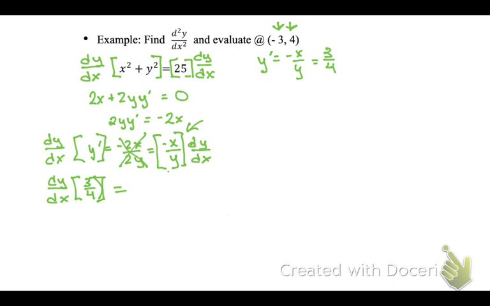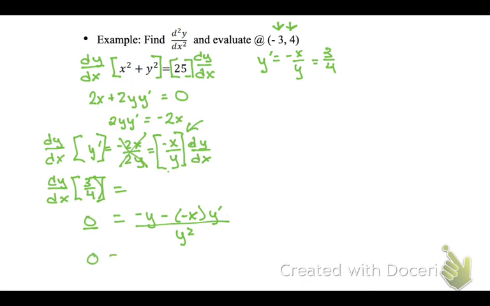Okay. So this is 0 on the left. So here I would have negative y minus negative x y prime over y squared. Oh, yes, y squared. So I need to multiply by y squared. 0 times y squared would be 0.